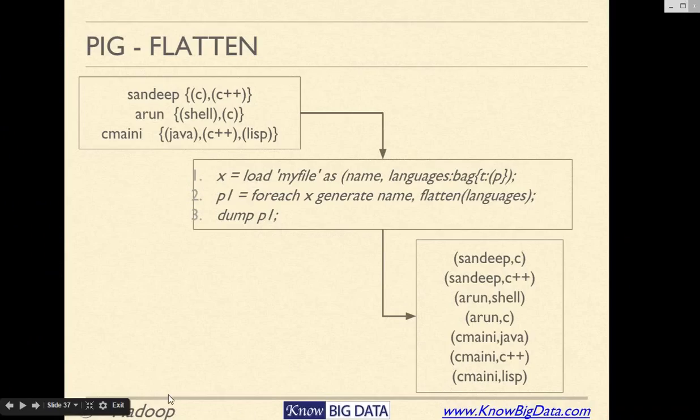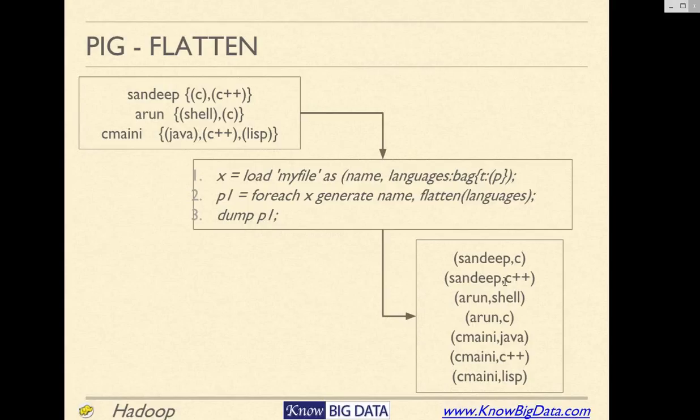If you have the data in the format shown in the lower right corner and you want to group the data based on the name, you use group by. But if you have the data in the format shown in the top left corner and you want to flatten out this file, then you use the flatten command.